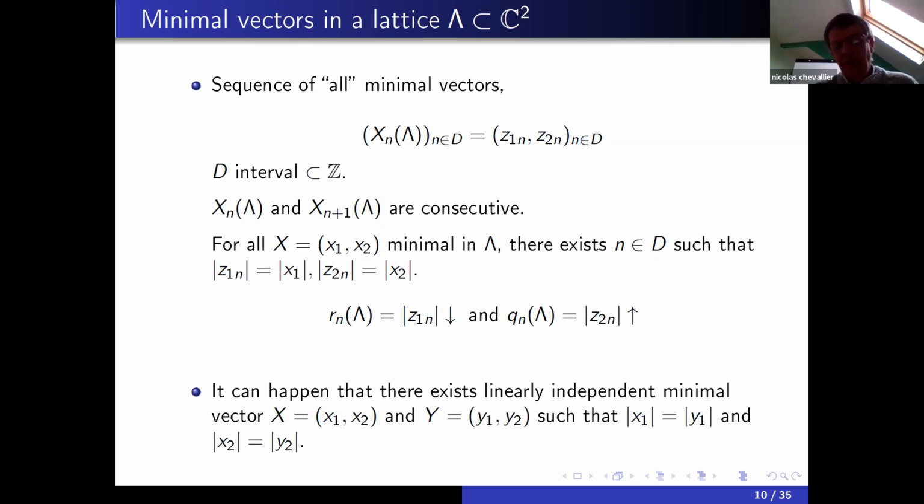But after I just say that we defined minimal vectors without the positive quadrant, looking at the cylinder, it is the same thing, in fact. Because saying that there is no vector in the cylinder defined by a vector u except vectors that have exactly the same modulus of coordinates means that the corresponding point in the positive quadrant is minimal. I understand it now. Yes, I get it. Thank you.